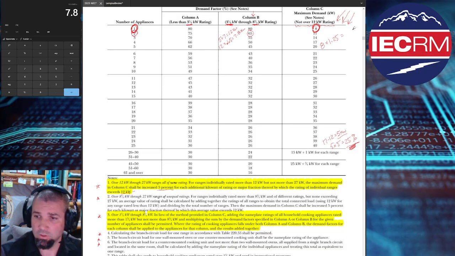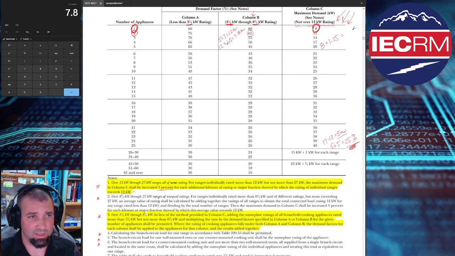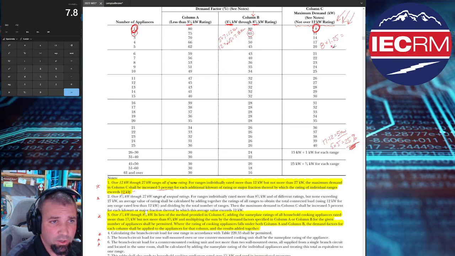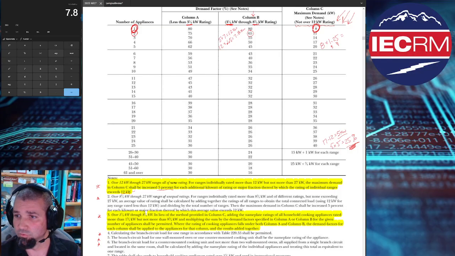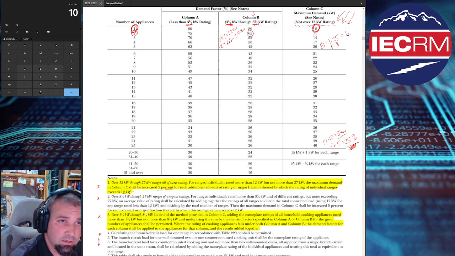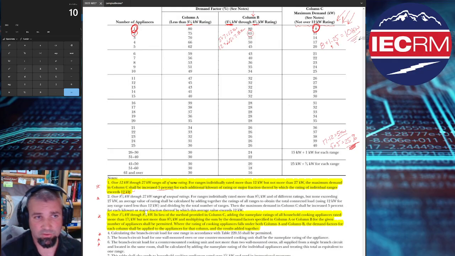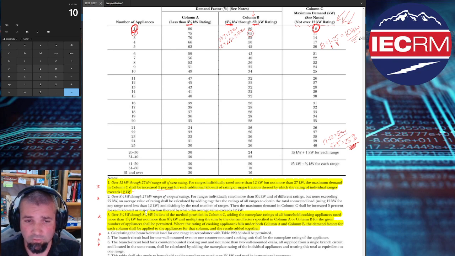That's because we get that base of 8, which the 1 accounts for, and our increase of 25% is going to be right here. So I just do the math thusly, and we should be fine. 8 times 1.25 equals 10 kilowatts. So that one 17 kilowatt range has a service demand factor of 10 kilowatts.